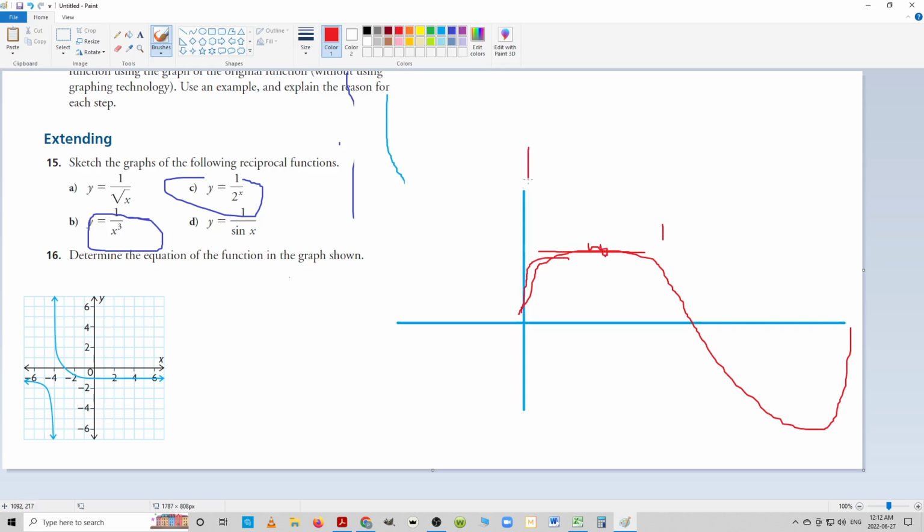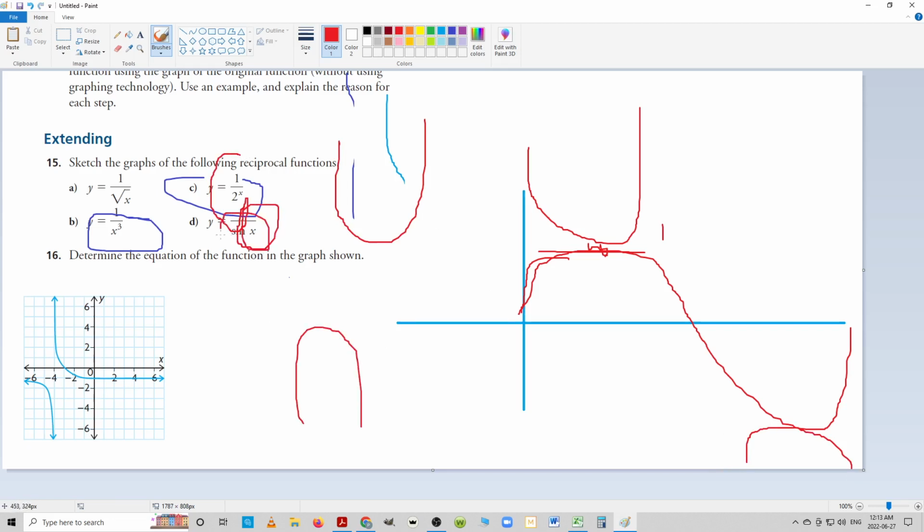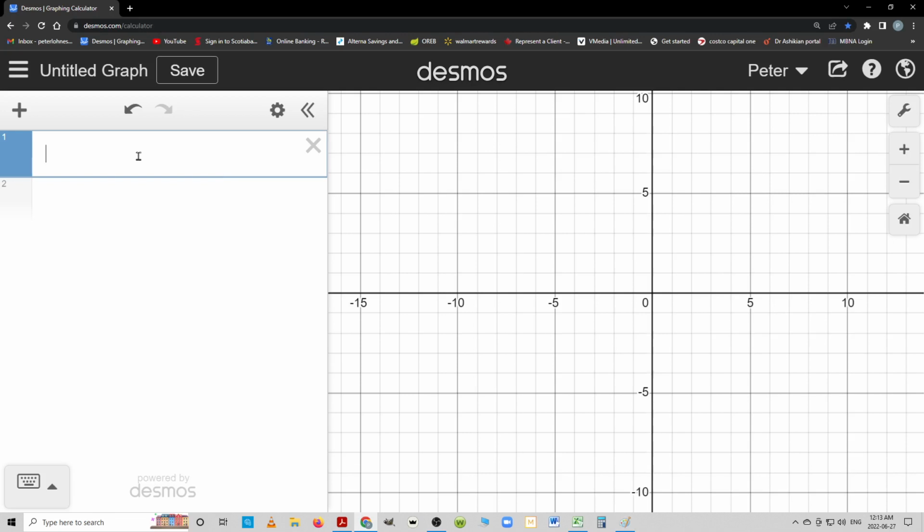So I suspect possibly it'll do something like this. And of course, 1 over sine x is the same as secant x. And that's exactly what a secant graph looks like. So let's have a look.